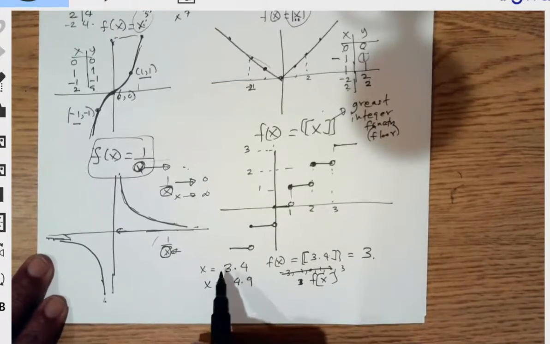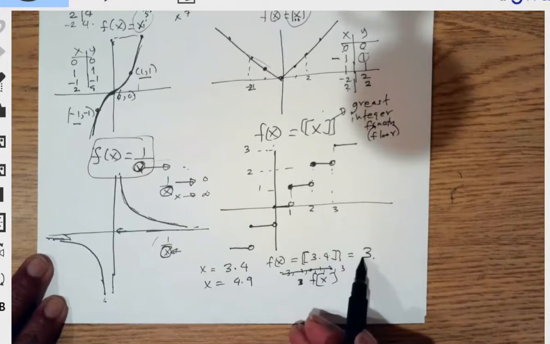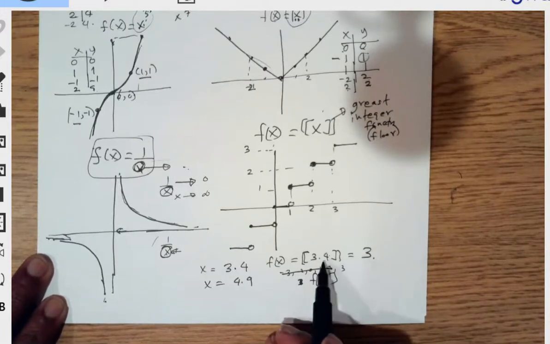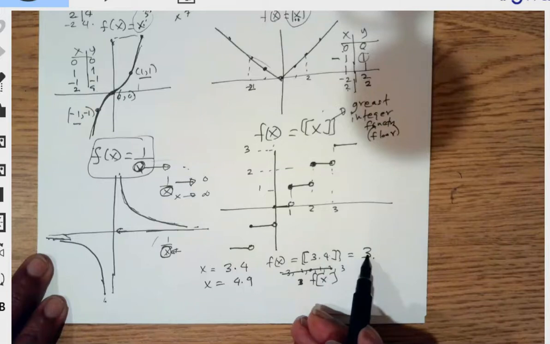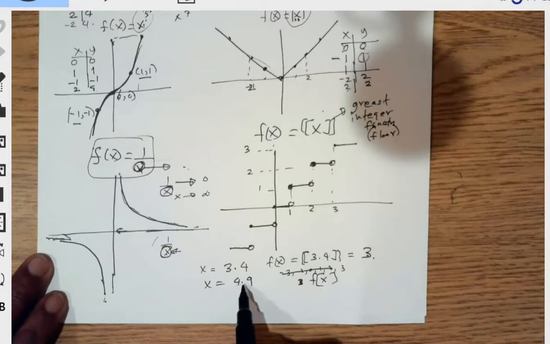So once again, repeat that if you didn't get it. If you put 3.4, you look down at the numbers below 3.4 and you select the biggest one, which is 3. But if you look at 4.9, once again, you look at the numbers which are below 4.9. Anything below 4.9 starts from 4 and then 3, 2, 1, 0. Out of all of this, what is the biggest?